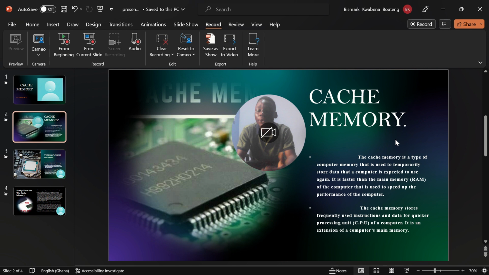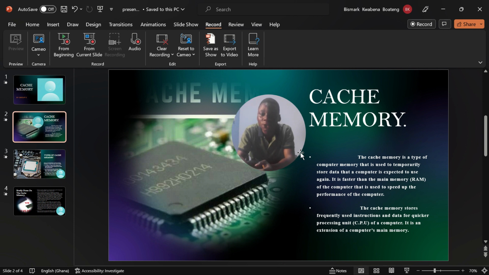The user is the one who creates that form of instruction. So the cache memory is the one that stores all those various instructions, those frequent instructions performed by the user on the computer.